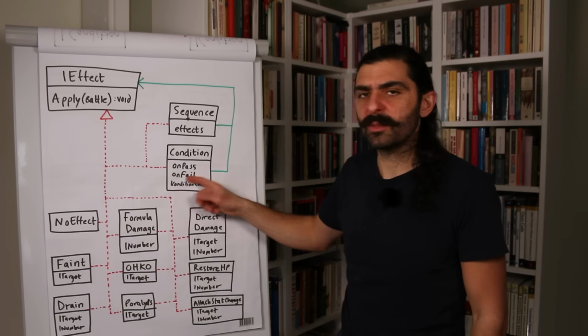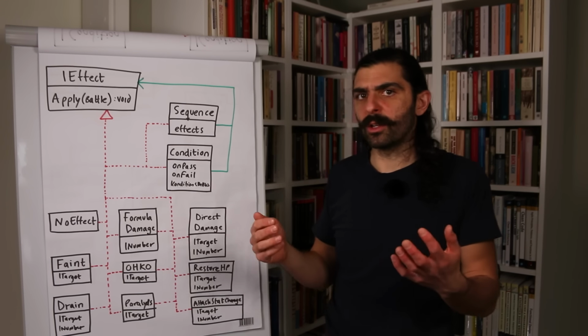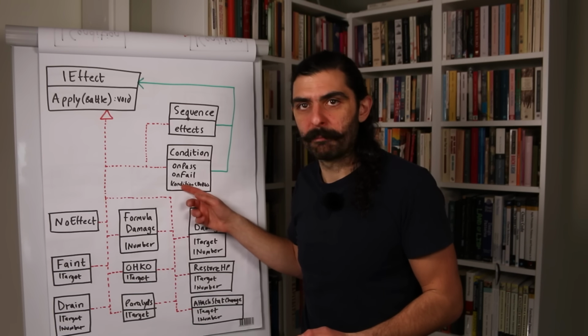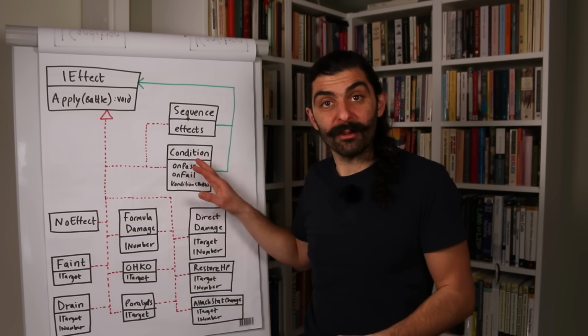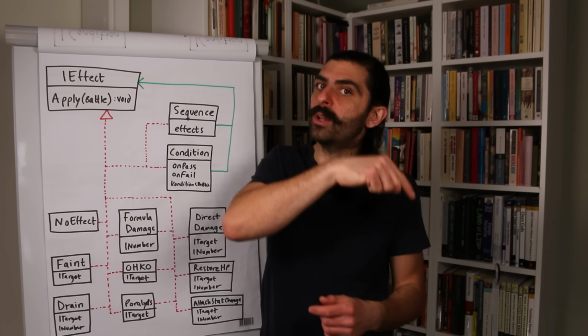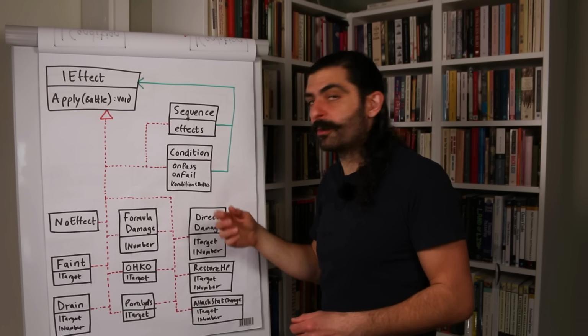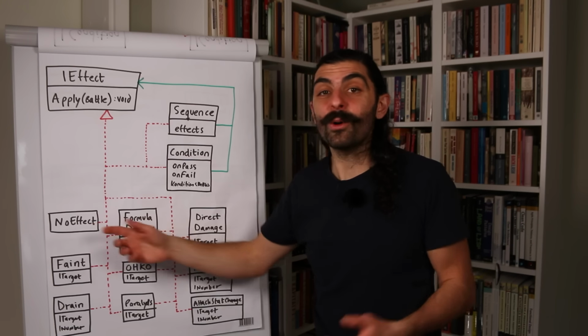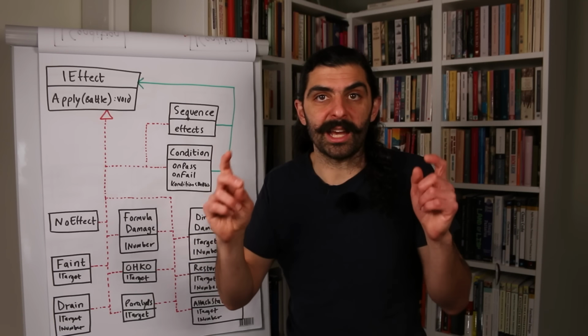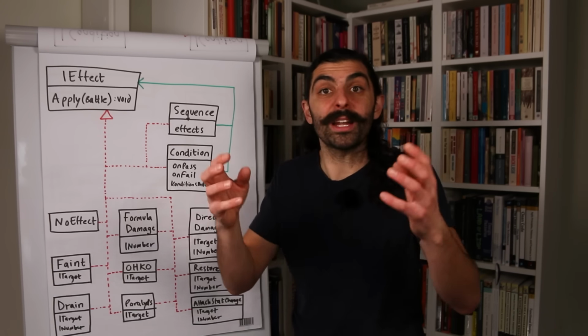But what should this parameter default to? Should it default to null? No, because that means that we would have to do null checking before calling apply on the effect, because we're not sure whether we actually have an effect or if we have null. Instead, we should default to an instance of the noEffect class, because noEffect handles the do nothing case by simply doing nothing when it's applied.